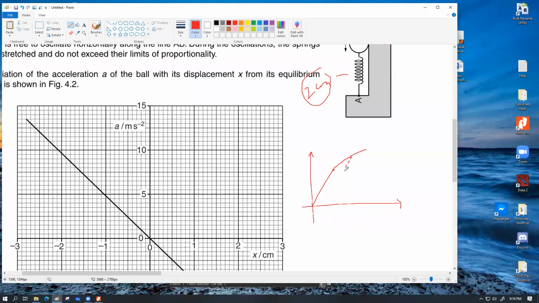Then it is going to come back along this line and provide this much force. If you start the second oscillation, it is going to go up along this line, and it is going to have once again a bit more permanent deformation because the force is extremely large. So for every single oscillation, it is going to become more and more permanently deformed. So you are not going to have equal forces available from the system.